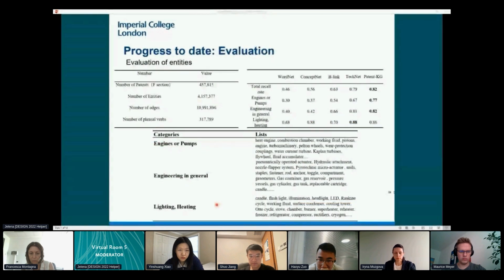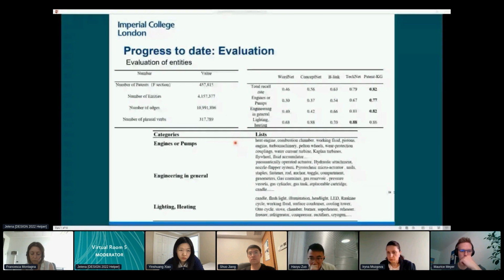So using the method, we processed 457,000 patterns. This is a quantifying character on the whole. We also had an evaluation on the existing entities we extracted. We built a standard list of mechanical engineering related technical terms as a benchmark to test whether it is covered in the database.